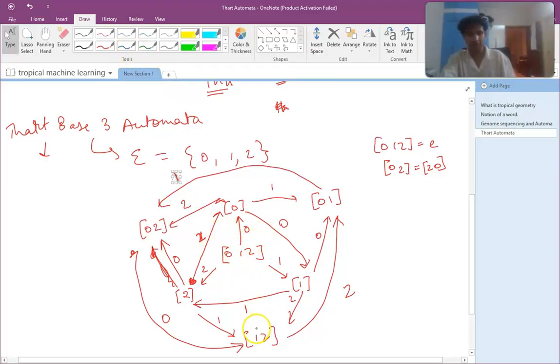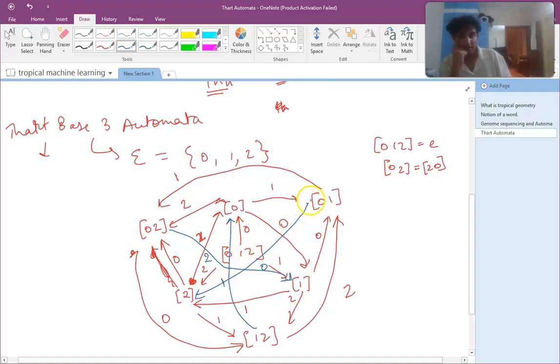That is 2, 1 goes to 0 like this. 1, 0 goes to 2. 1, 0 goes to 2 with a 0. And 2, 0 goes to a 1. I forgot where 1 was midway. With the 2, I think. Yeah.